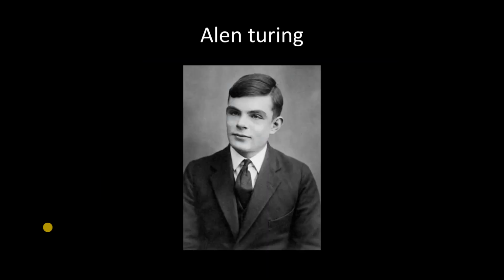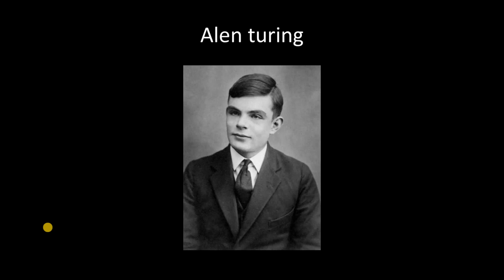Then came a very important time when Alan Turing came up with the idea that machines can think. He submitted a paper showing the possibility of machines to think, and the famous test or criteria for making an artificial intelligent machine is called by his name, that is the Turing test.